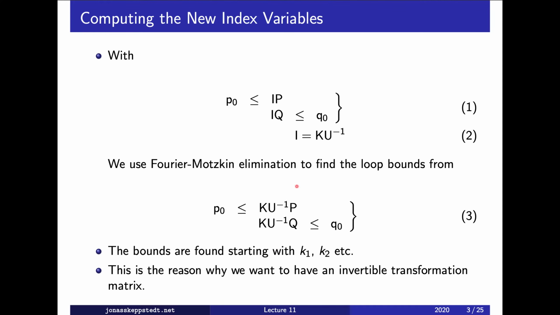Okay, so we have this, and put it here, and now we can perform Fourier-Motzkin elimination and find the bounds for the k variables. And as I said, starting with k1 and then expressing k2 with bounds as linear functions of k1, etc.